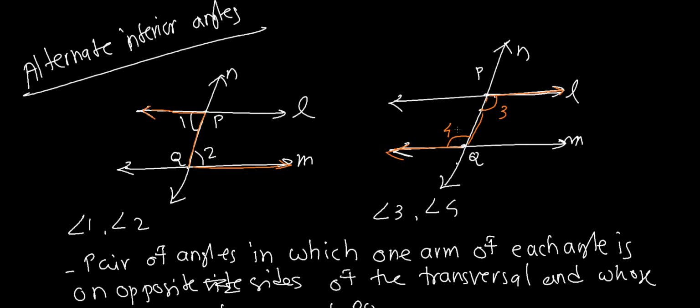Their angles include the arm PQ, because previously I had drawn 4 here, so the arms would be this and this, which was wrong. So I corrected it. This is the correct angle, and now 3 and 4 are the alternate interior angles.